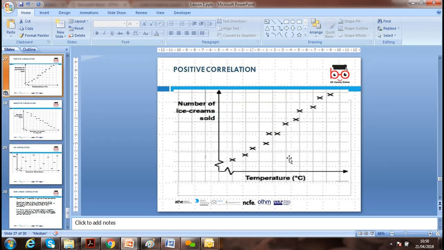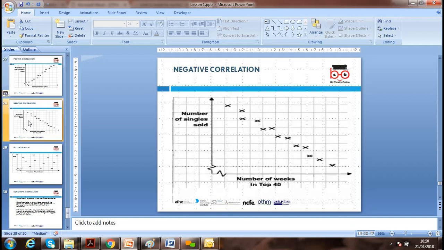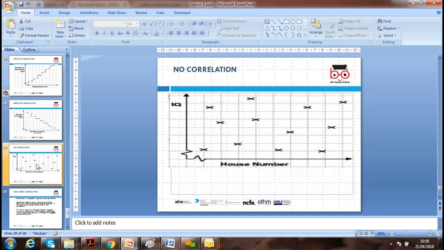Yes, a positive correlation: when temperatures increase, the number of ice creams sold increases. Sometimes we have a negative correlation, like the number of weeks in the top 14 and the number of singles sold: more weeks and less sales. And no correlation is also called scattered.